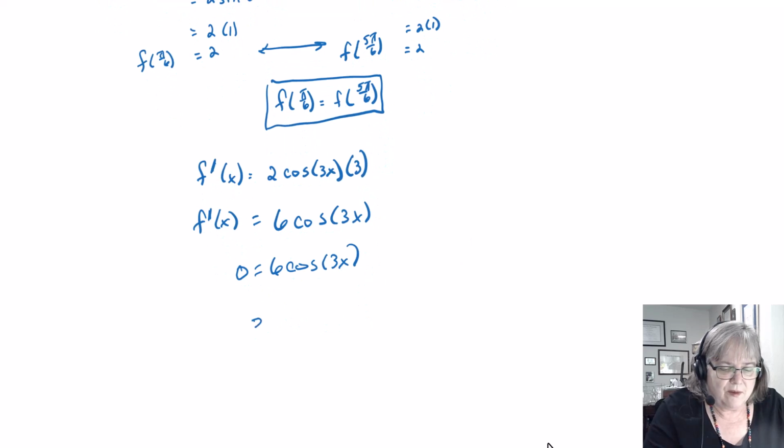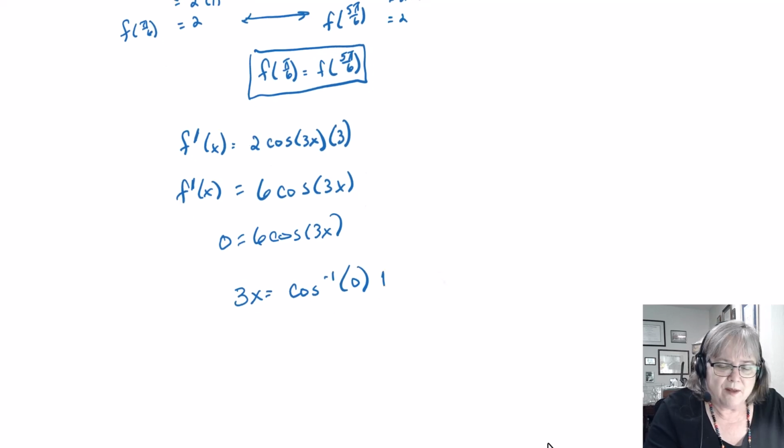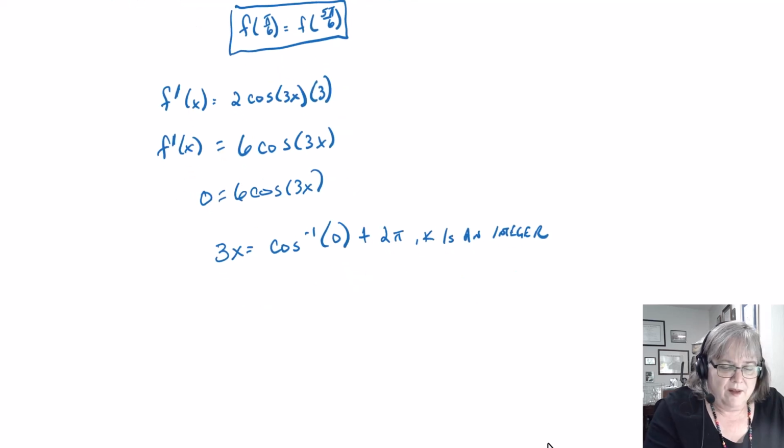So we're saying 3x is equal to the inverse cosine of 0. And remember that cosine repeats every 2 pi. Okay, that's its period, where k is an integer. Now, where is cosine equal to 0?